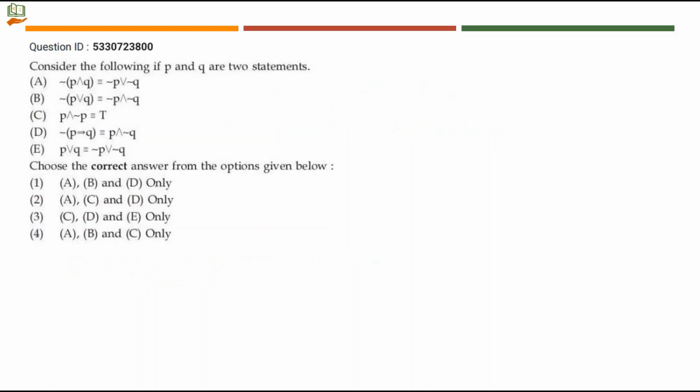Next question. Consider the following, if P and Q are two statements. When we see the options A and B, what do we remember? We remember De Morgan's law. In De Morgan's law, we apply the negation inside. So when we apply the negation inside, this becomes negation of P; negation with conjunction becomes disjunction, and negation of Q. Similarly, when negation is applied to disjunction, it becomes conjunction.